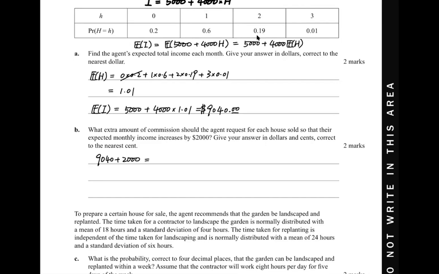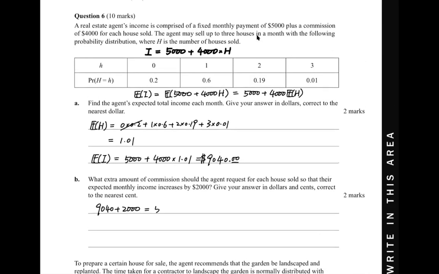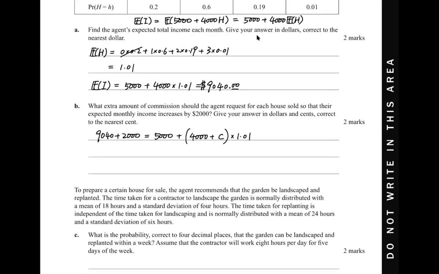We know the fixed payment of 5,000 will not change, but the commission increased by, let's say, $C. The expected value of houses, EH, will not change, so 1.01 is still here. Now we are solving that equation for C.